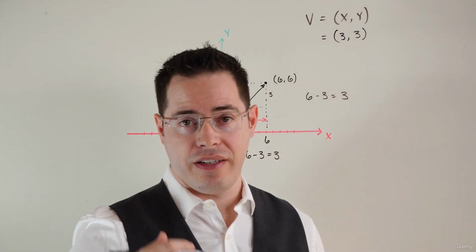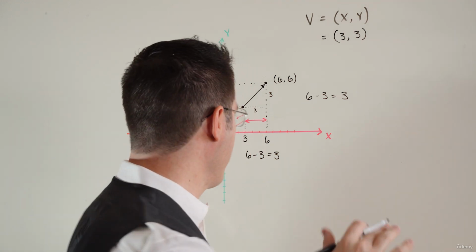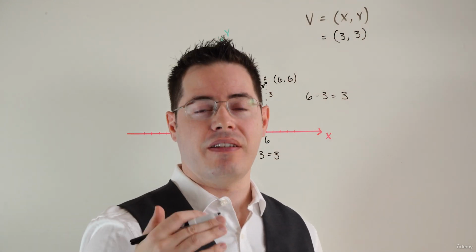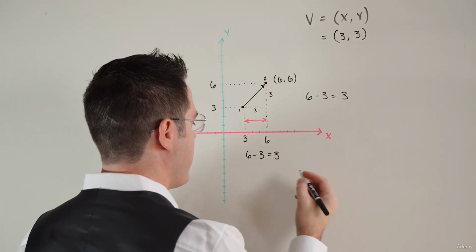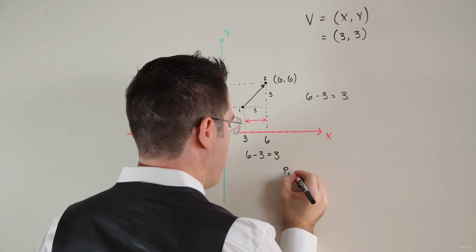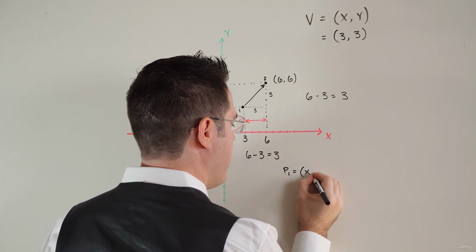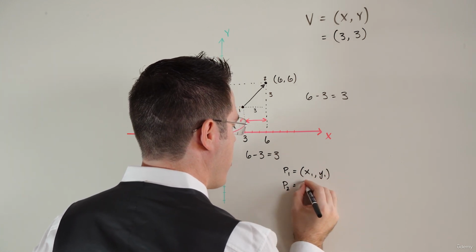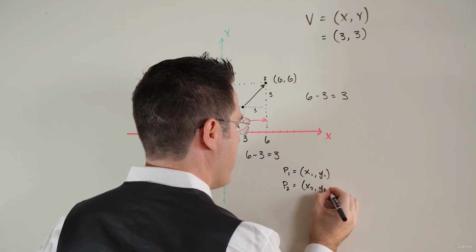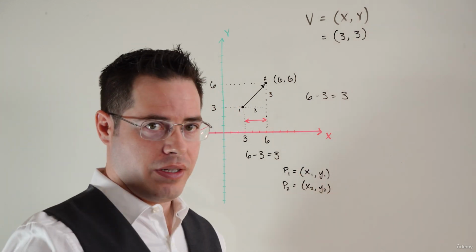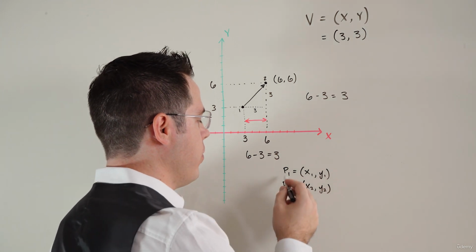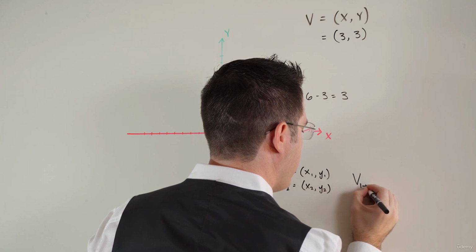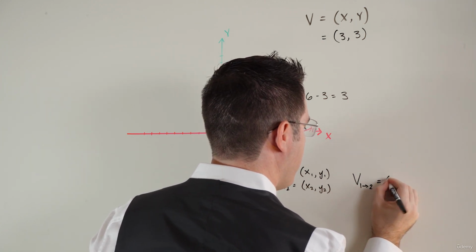And we can generalize this into a formula that works for all vectors. If we have points 1 and 2, and we know their coordinates, we can simply perform subtraction. We can take point 1, which has coordinates x1 and y1, and we can take point 2, which has coordinates x2 and y2. If we know these coordinates, we know the vector from point 1 to 2. The general formula for the vector starting at point 1 and ending at point 2 is as follows.